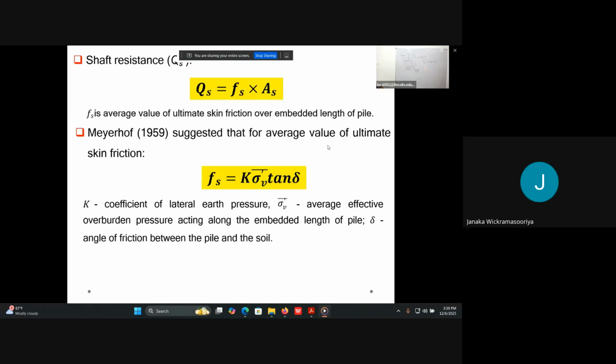These are the equations that we discussed. It's value for the sand. It means the frictional resistance. I think you know we have learned this one.